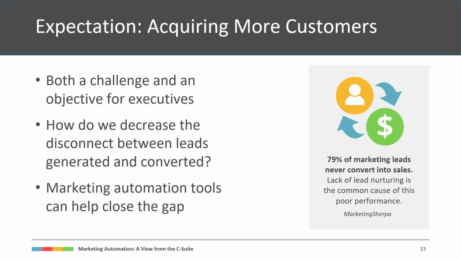So as you can see from this stat, it's pretty mind-blowing that 79% of qualified marketing leads never convert into sales. That's a big disconnect between the number of leads that are generated and those that are actually converted to customers. Now, fortunately for us, marketing automation offers a number of different features and tools that can help bridge or close this gap.